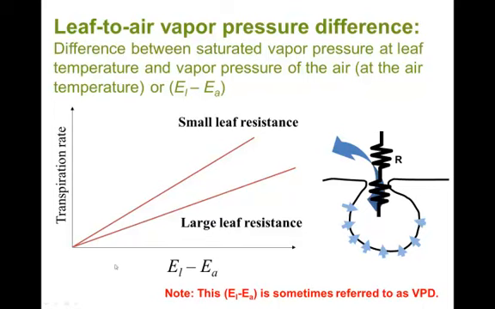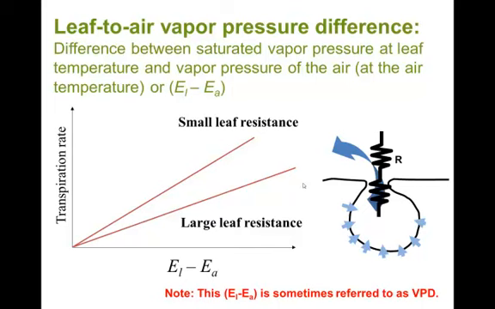However, the challenge of this concept is that the EL value, the saturation vapor pressure at leaf temperature, is very difficult to find because leaf temperature is not uniform throughout the plant production system. So which temperature should be used to compute the saturation vapor pressure is always the challenge.